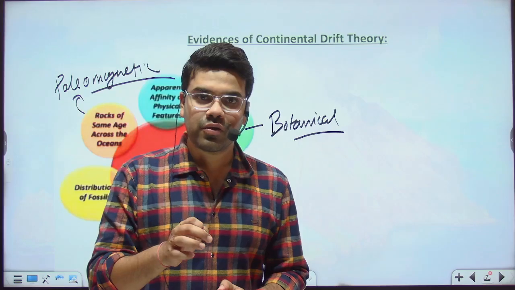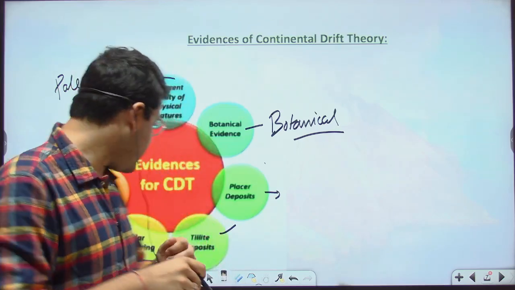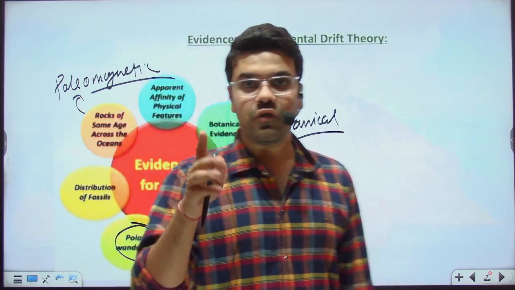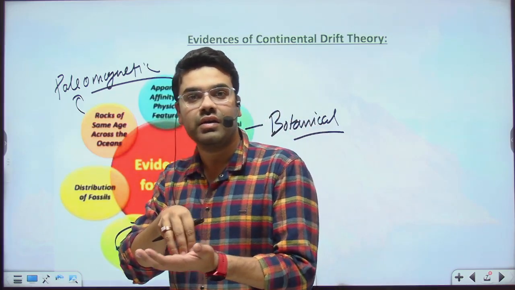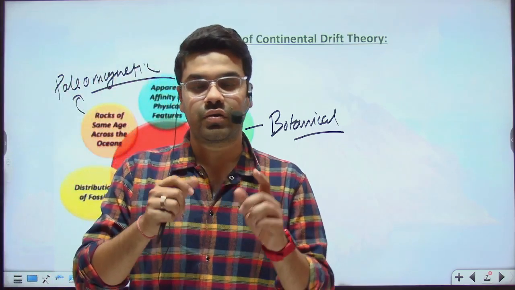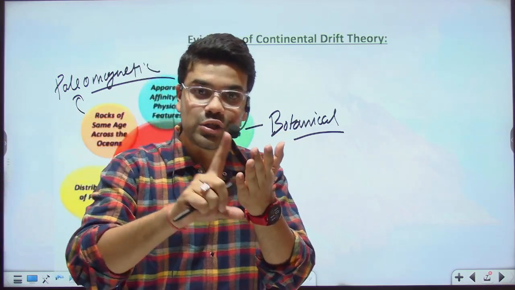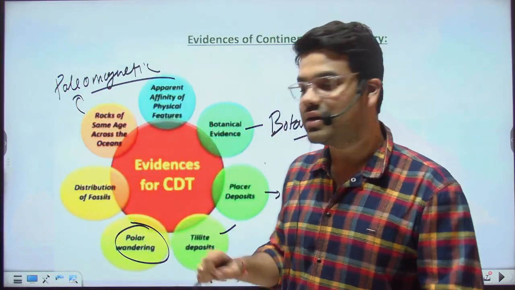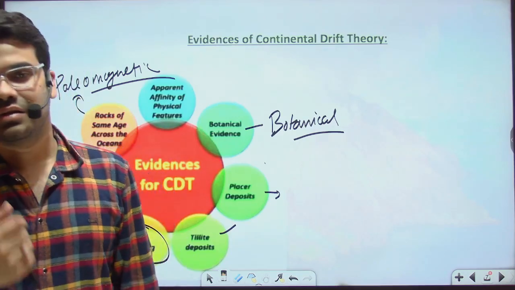It will be because once they might have existed together, and due to polar wandering, the movement of Earth's magnetic field, they might have attained the same polarity, because they were once all together, and now they have separated. The continents have separated, but the direction of the magnetic field in the rocks of these continents is still the same. It is the biggest evidence that yes, once Panthalassa, Pangaea, Gondwana and Laurasia all existed.